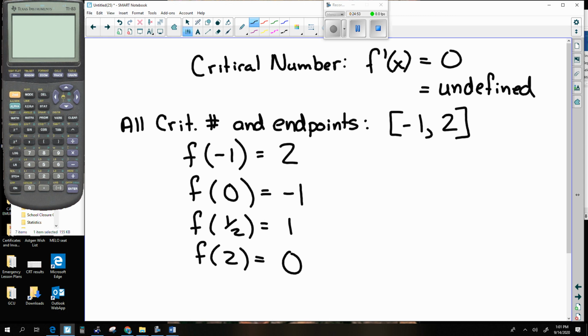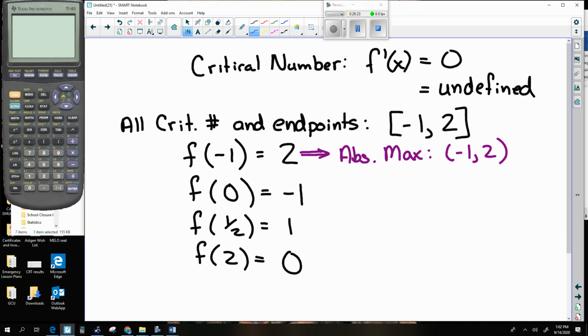All right, what do those answers say? What we've done is we've identified all the potentially important pieces. And so what I notice is that at -1, 2 is the biggest y coordinate. This would be your absolute max, and that would occur at the exact point -1, 2.